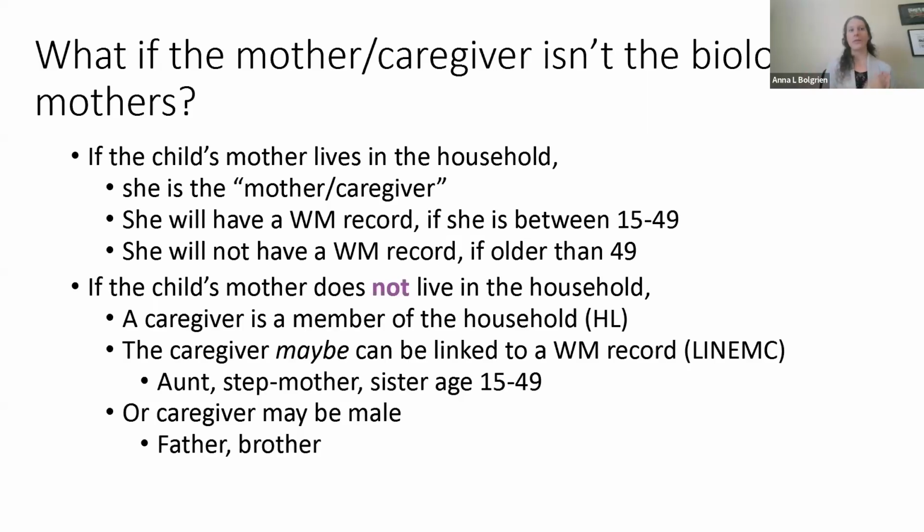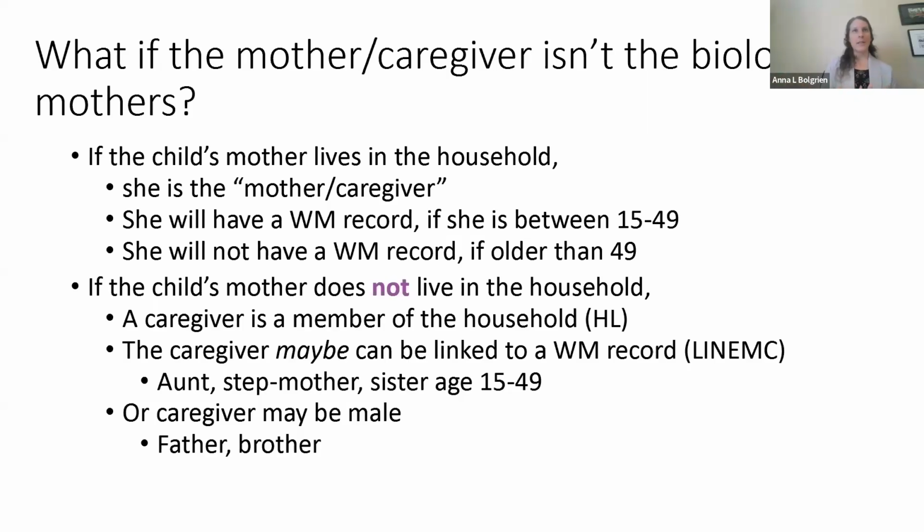If this biological mother is between the ages of 15 and 49, she will have a woman record, or an observation, in the woman's data file. And therefore, linking between the child's mother caregiver to the woman file is seamless.